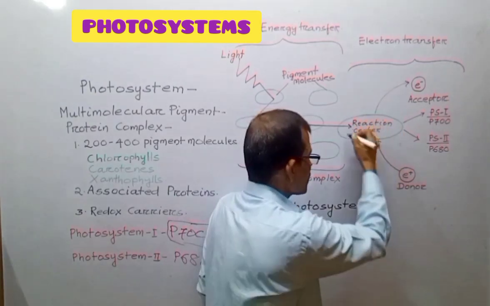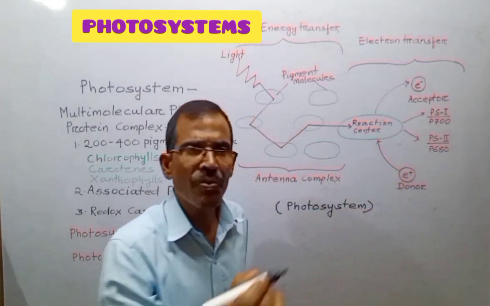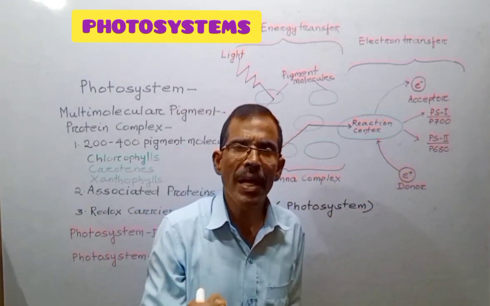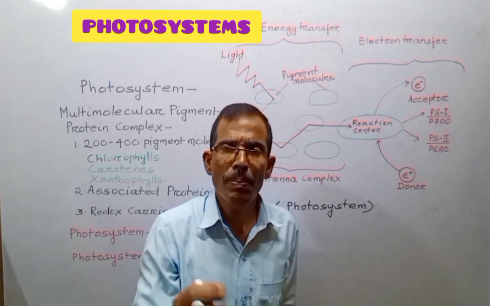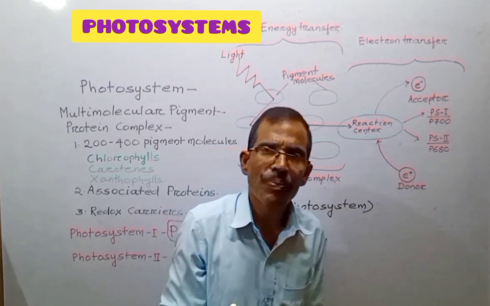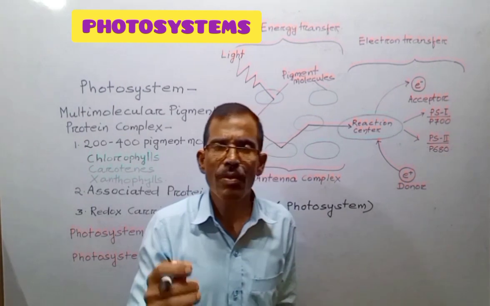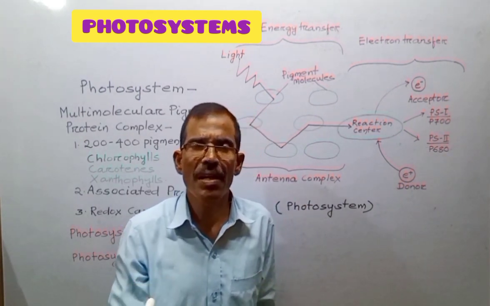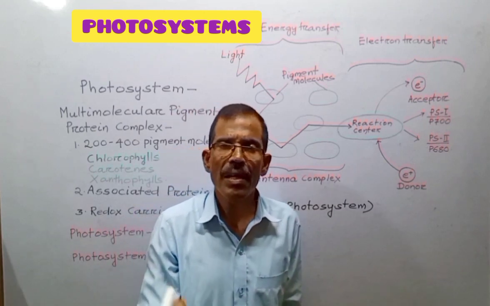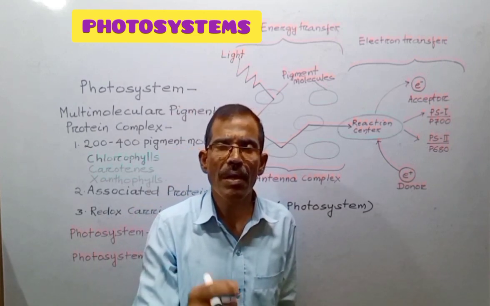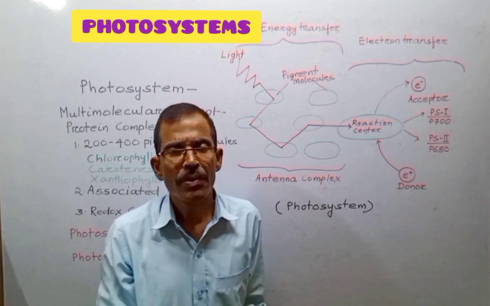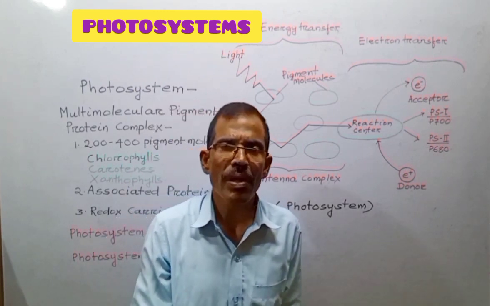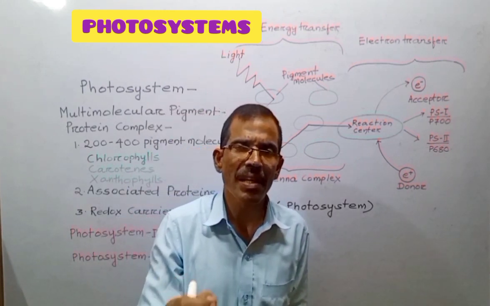The reaction center consists of a unique type of chlorophyll a that is thought to be present as a dimer. The reaction center chlorophyll along with associated proteins and redox carriers are directly involved in the photochemical redox reaction. The reaction center chlorophyll serves as the energy sink.